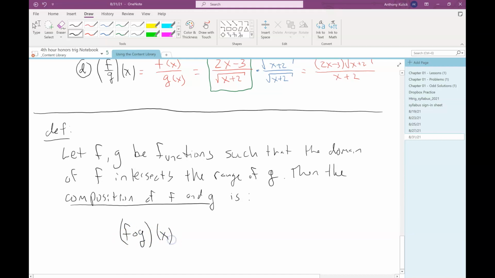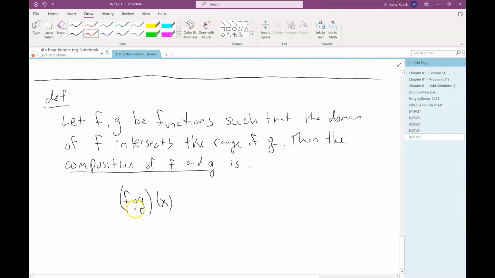So the notation that we use is this open circle here. The way we read that open circle symbol is the word compose. So that's like an open multiplication dot. It is not the letter O. So the way you'd read that set of symbols there is f compose g of x.